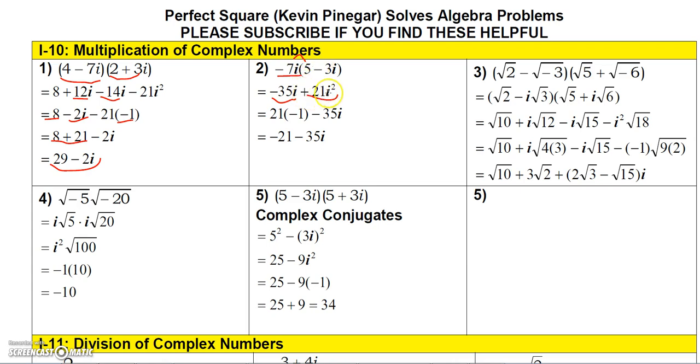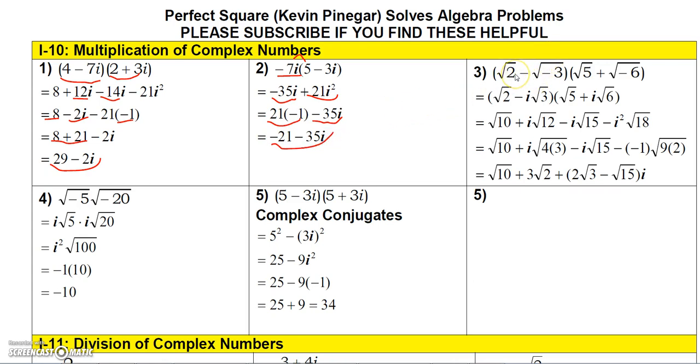Now, I'm going to write this term first, because this is actually going to turn out to be the real portion, because i squared is just negative 1. So I'm going to have 21 times negative 1, and then I can write the minus 35i after it. Now, 21 times negative 1 is just negative 21. So I have negative 21 minus 35i.